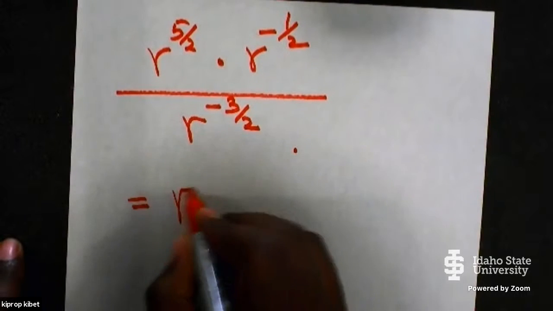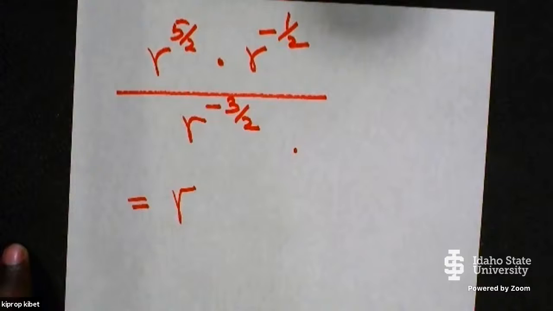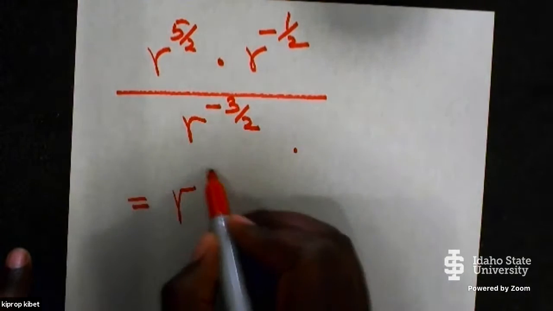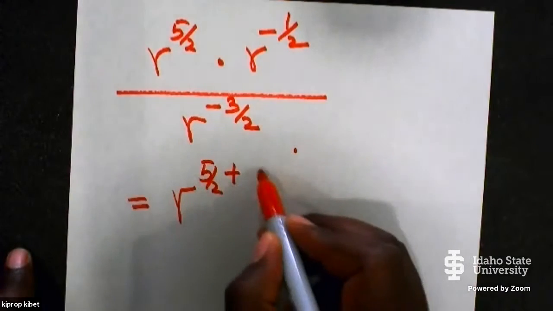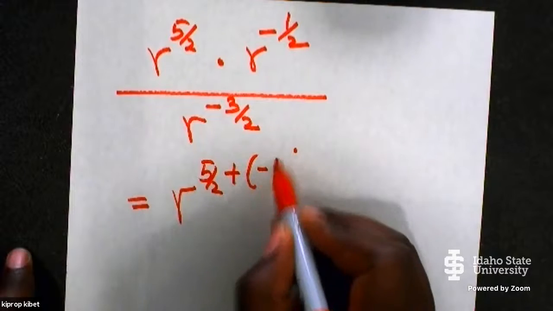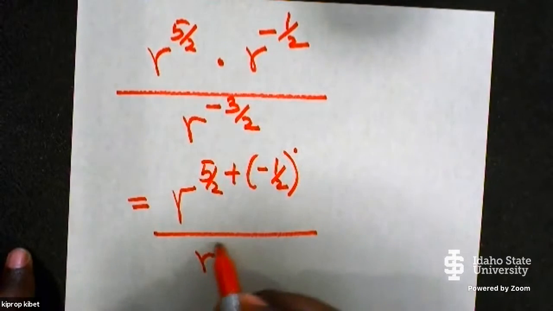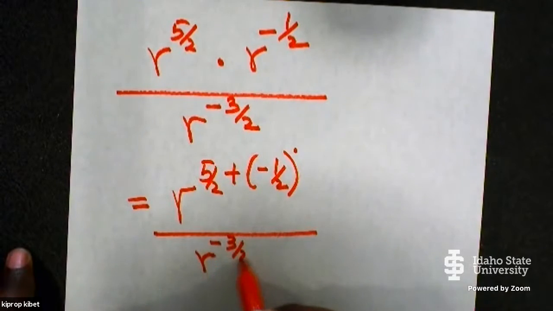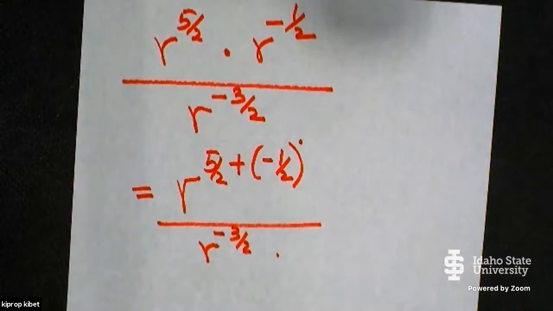So here, the first step is start from the top one. So r, the bases are the same. What do you do to the powers? You add. So 5 all over 2 plus minus 1 over 2, all over r raised to minus 3 all over 2. That's the first step.